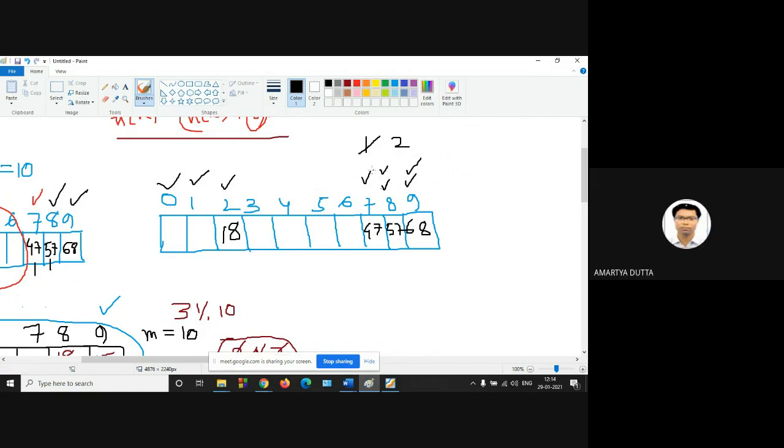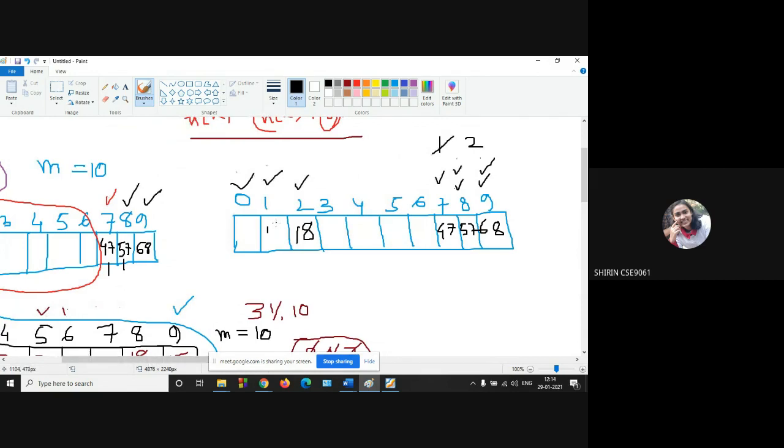So 1, 2, 3, 4. So it goes in 1. 67 is placed in this position. Is it clear? Yes, sir.